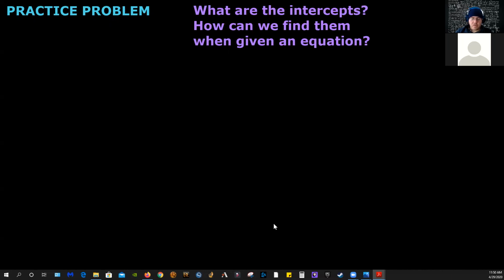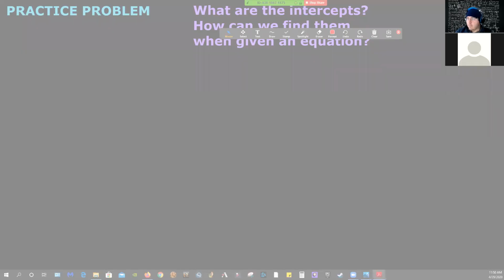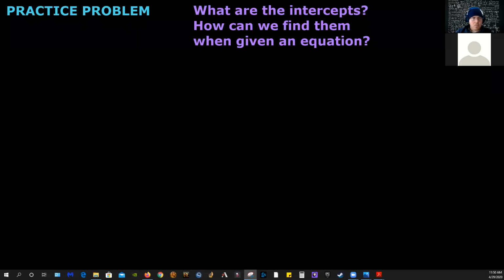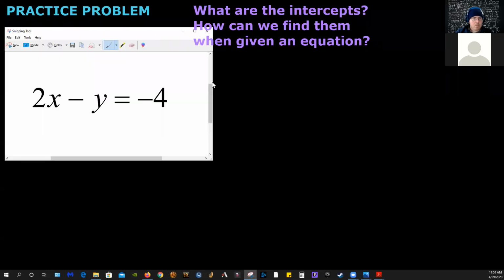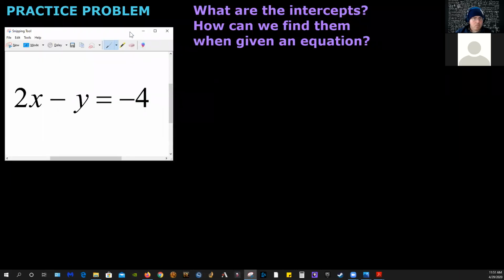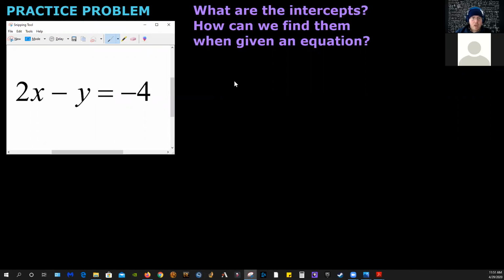I bet you guys could get this right on the first try without me. Let's see. Capture. What about this one? And what we're trying to find are our intercepts.